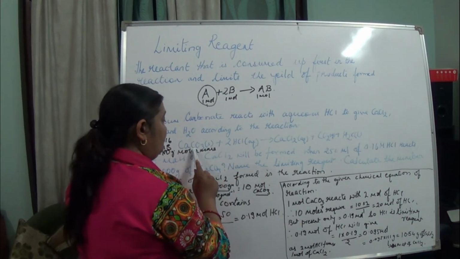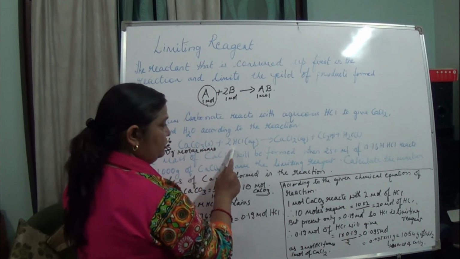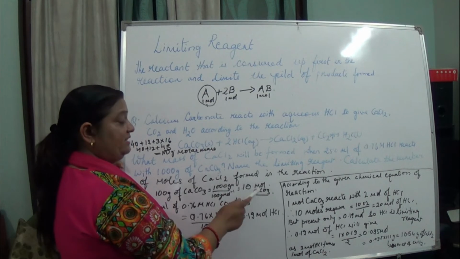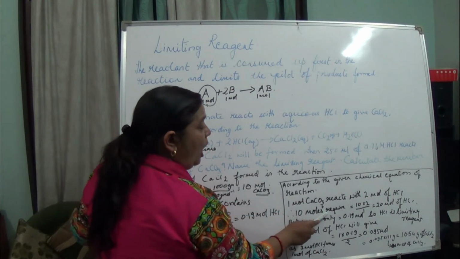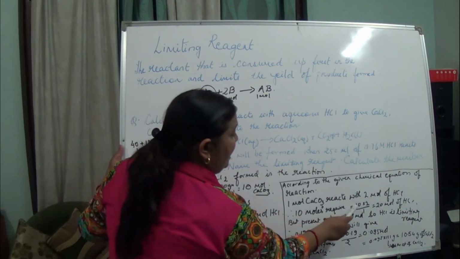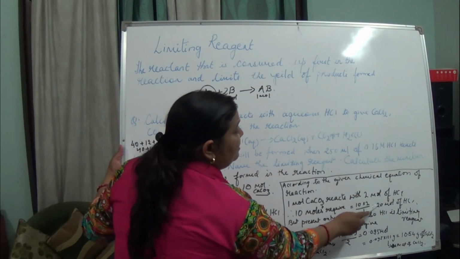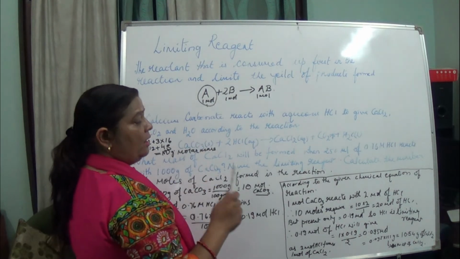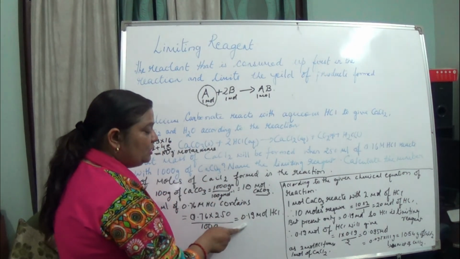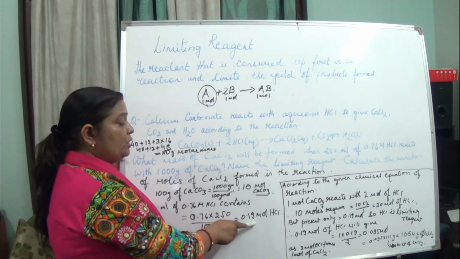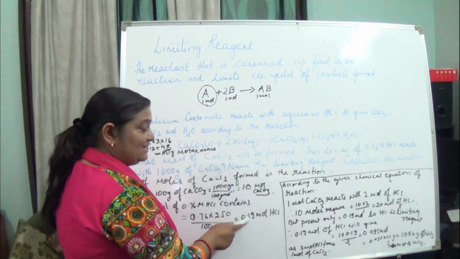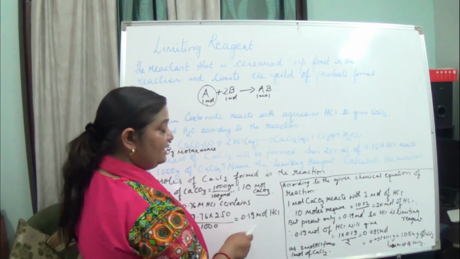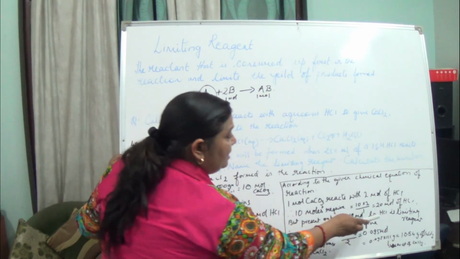So if 1 mole is reacting with 2 moles of HCl, here we are having 10 moles, so 10 moles will require 10 into 2 upon 1, that is 20 moles of HCl for the reaction. But we are having only 0.19 mole of HCl. So this is less, and if this is less, this will be the limiting reagent. So HCl is the limiting reagent.